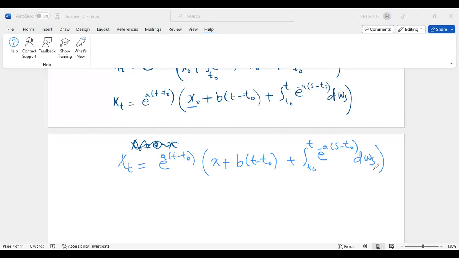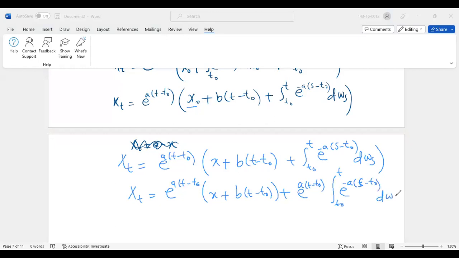This is going to be the solution. Now you can even multiply this out: e to the a (t minus t naught) times x plus b (t minus t naught) plus e to the a (t minus t naught) times the integral from t naught to t of e to the minus a (s minus t naught) dWs.